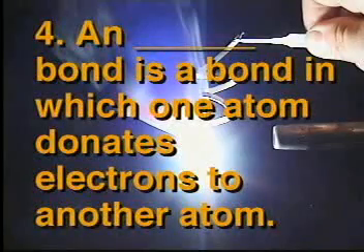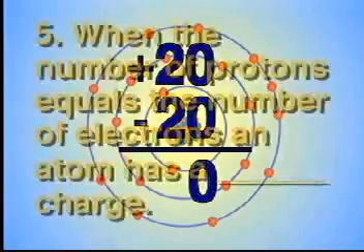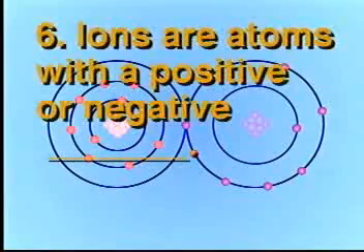Number 4. An ionic bond is a bond in which one atom donates electrons to another atom. Number 5. When the number of protons equals the number of electrons, an atom has a neutral charge. Number 6.